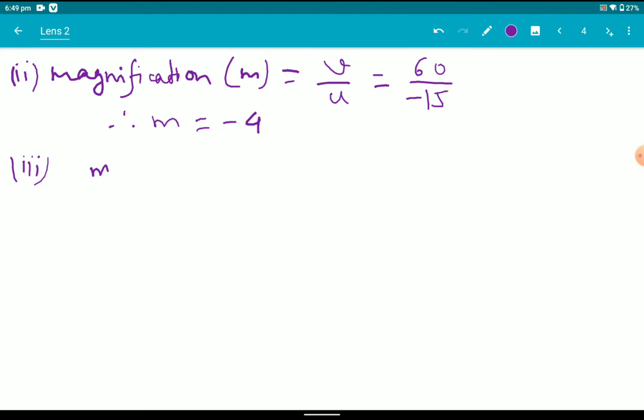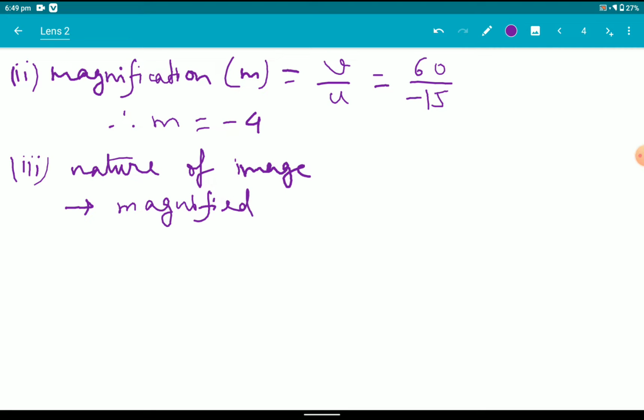So nature of image: first of all, it is magnified, because the value is 4. We are seeing the value without the sign.